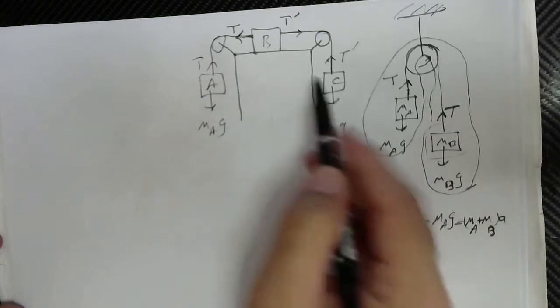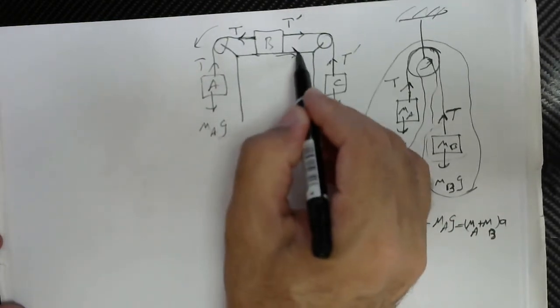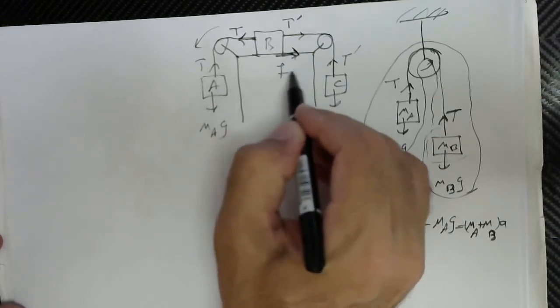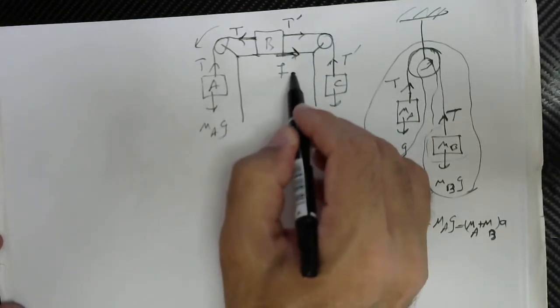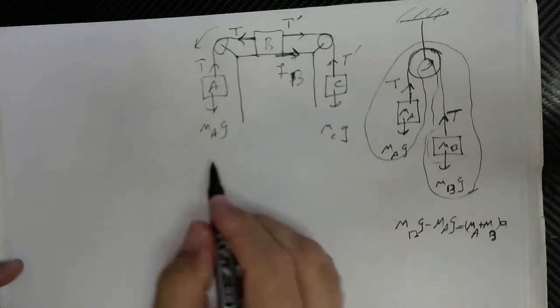Assuming there is a directional motion like this, this is a frictional force between the surface and the mass B. So you can write the equation of motion.